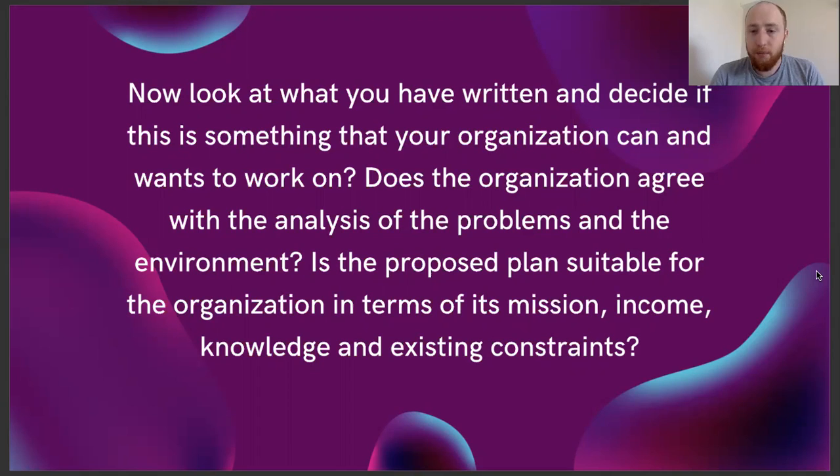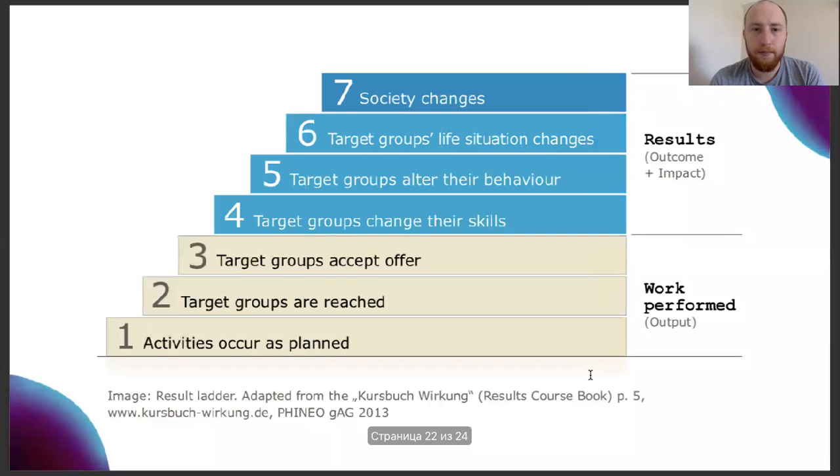Is it suitable for the mission of your organization, or the current resources that it is able to use for implementation of this impact model? I think this is the last step of impact modeling. You can do it as a circle every time, but these questions usually help me, and in my team when we try to develop a new program or project, we use these questions and they help us.